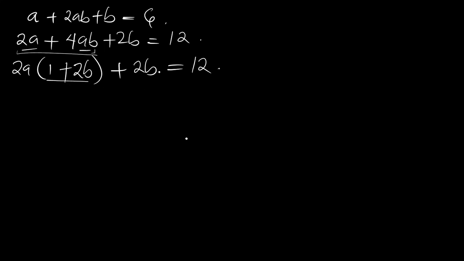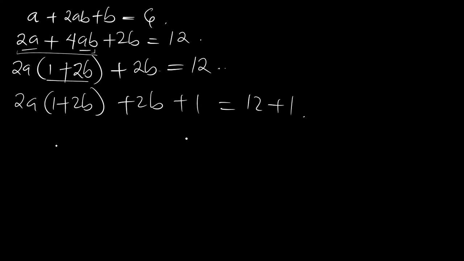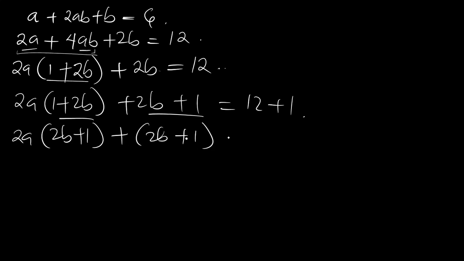So for us to make this common, we now need to add 1 here. If we add 1 here, we need to also add 1 on the other side. So we have 2a into 1 plus 2b, plus 2b plus 1, equal to 12 plus 1, which is 13.